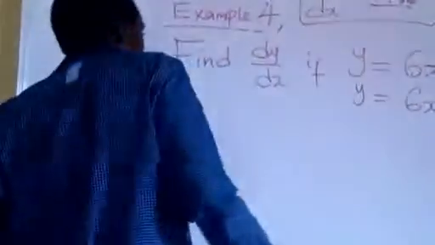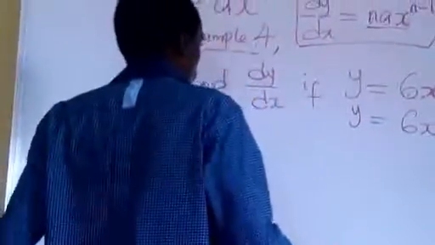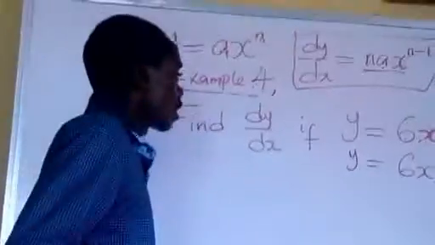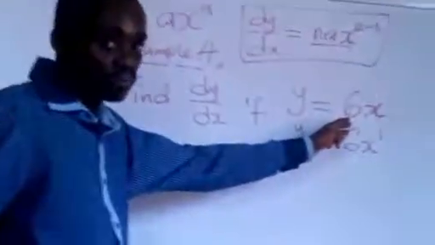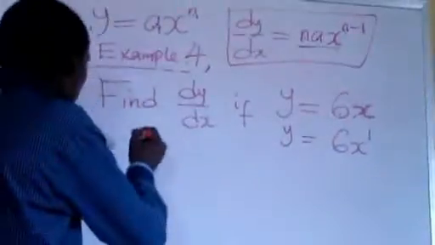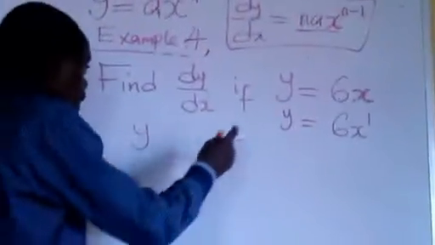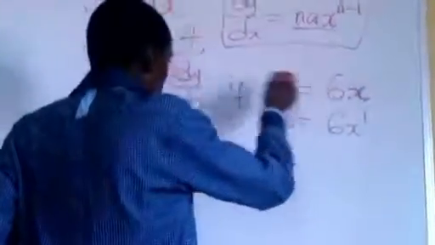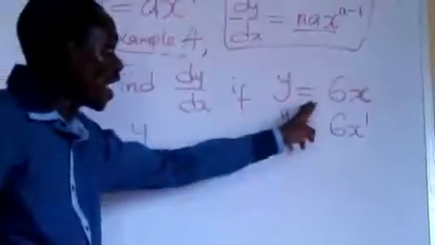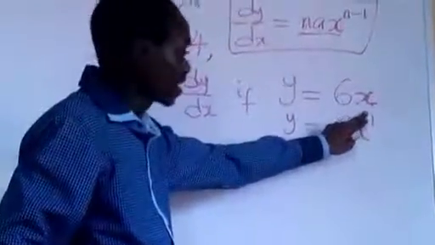Now, based on this current example, let's assume they said we should find dy/dx if y is equal to 6x, and at the end of the day we discovered that our dy/dx was equal to 6.